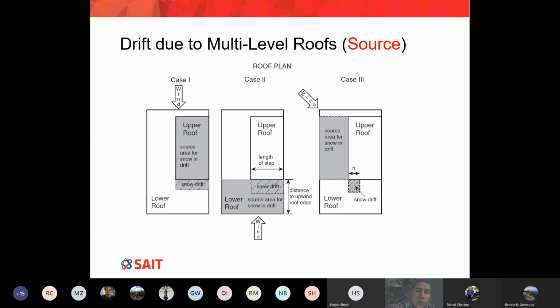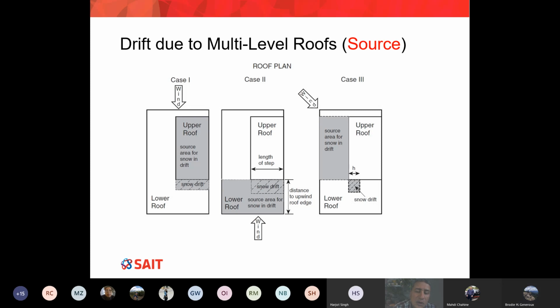The wind will take some snow off the upper roof, and then it will make a drift on the other side. It will blow off some of the snow on the upper roof, then blow it down to the lower roof. Okay, that makes sense.